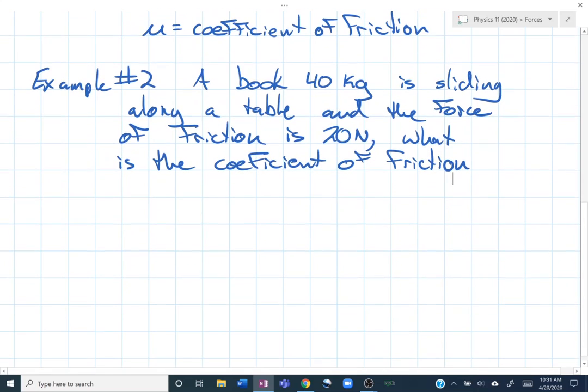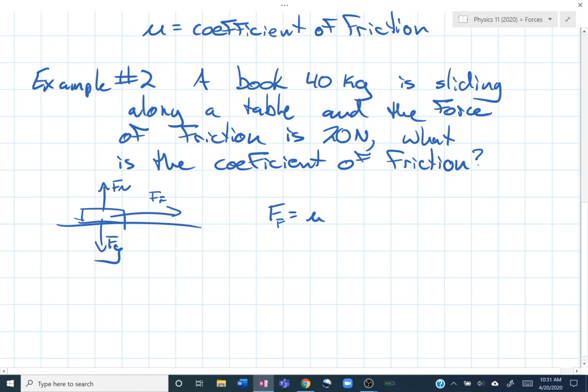So we can draw our little diagram again, and we've got a book on a surface. Force of gravity would be going down on it. The normal force would be going up on it, and we'd have a force of friction slowing it down. So we're looking at the force of friction, and we know our force of friction is equal to mu Fn.